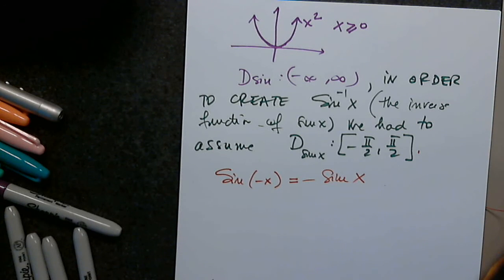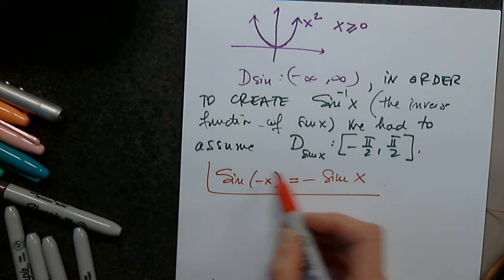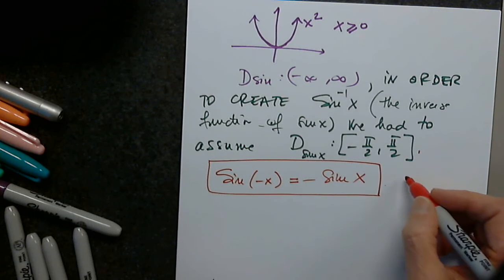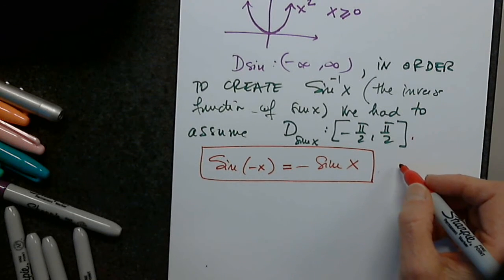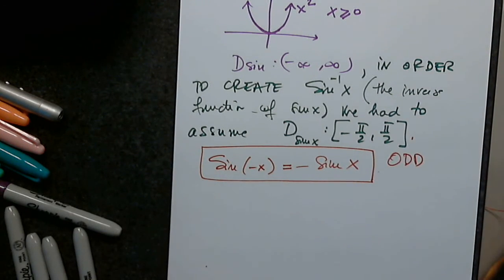What does this mean? This is specific and characteristic for one type of function. Which one? This happens only if the function is symmetric with respect to the origin, which means, what is the name? It's odd. Very good. So we established that sine is an odd function.